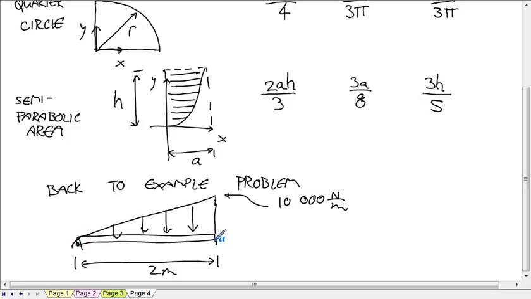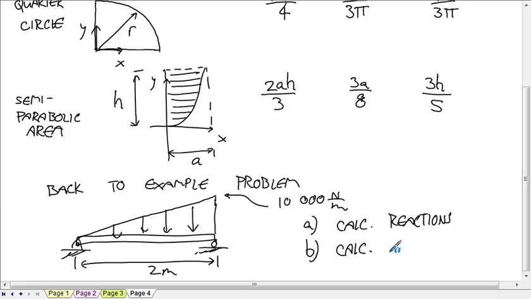This is a pin joint and this is a roller. And we want to first calculate the reactions, and second, we want to calculate the internal loads.